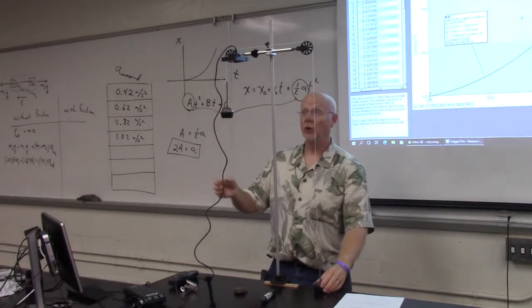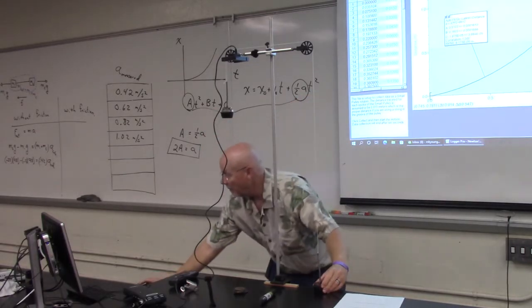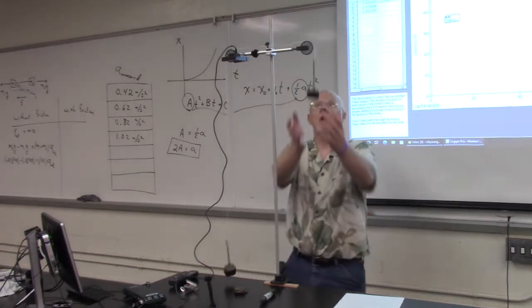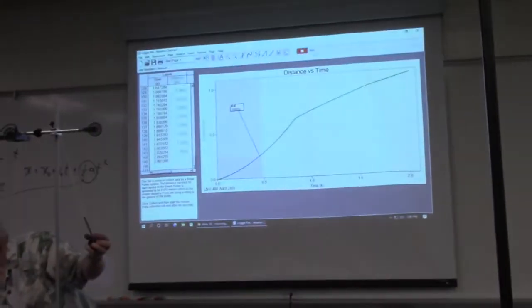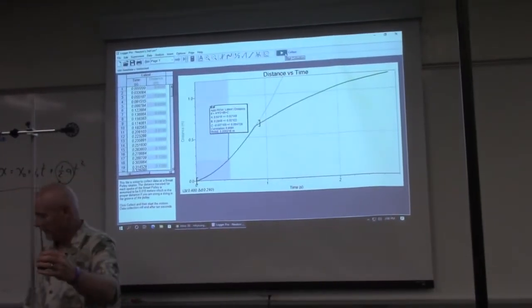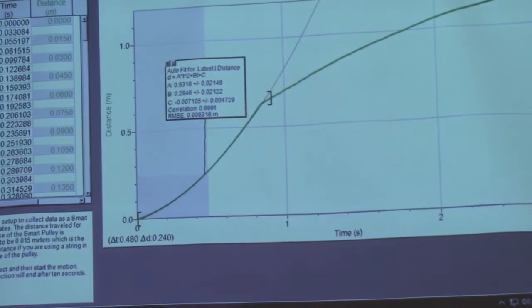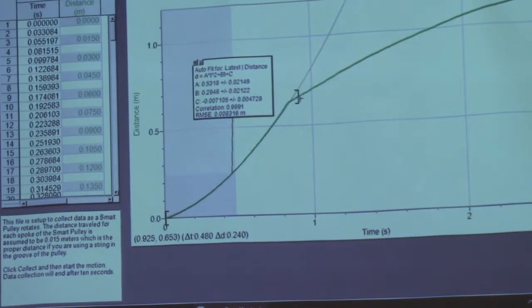Now it's going to go really fast now. But I'll hit collect, give it a pause, let it go, there it goes, and oh, grab that one, and I will hit stop. Okay. Now this one here, let me do a quick curve fit.